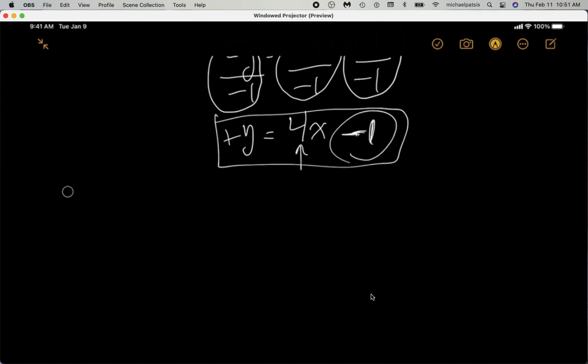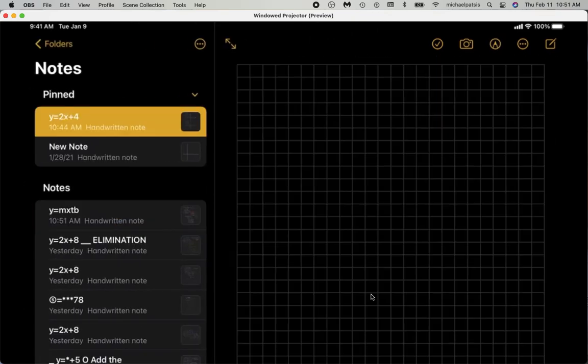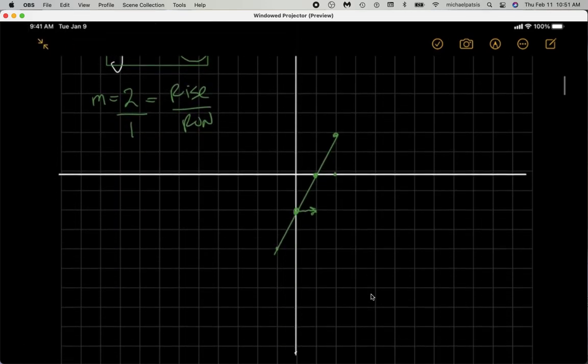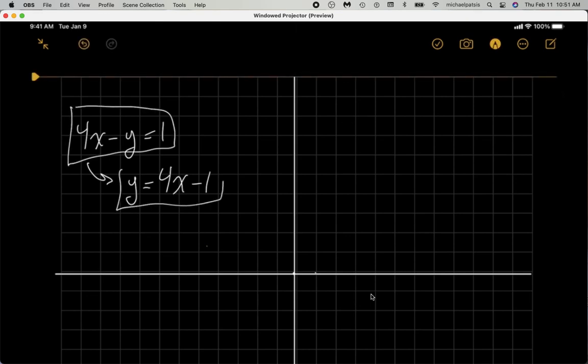You know that this is the slope and this is the y-intercept. Okay? Just for completeness' sake, let's go to the other screen and take a look at that. Here we go. We started in standard form. We solved for y, and here we are. Our slope equals positive 4. That's our rise over the run.